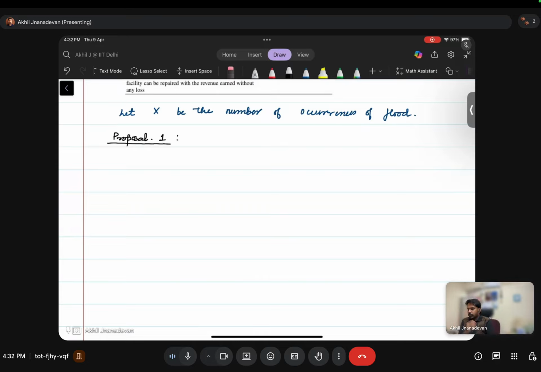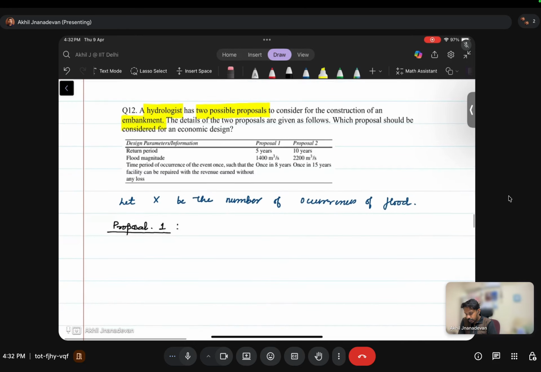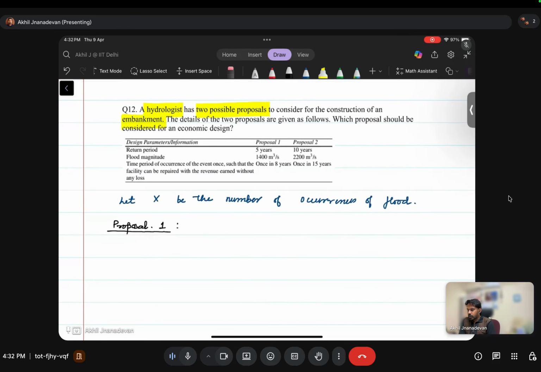Okay, so in proposal one, if a flood of the given magnitude, which is 1400, occurs once or does not occur at all, then there will be no loss, right?